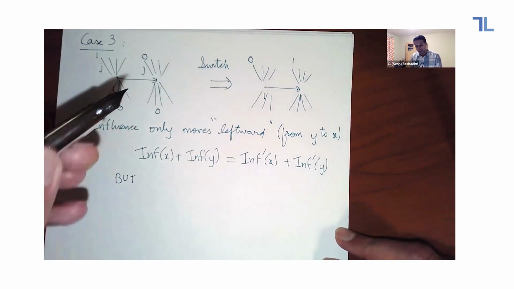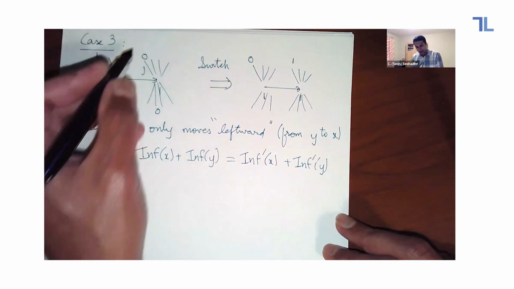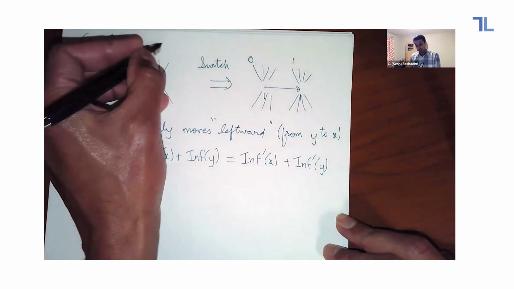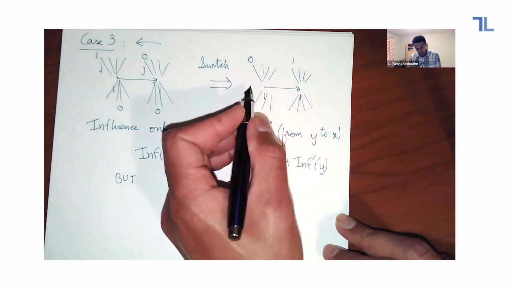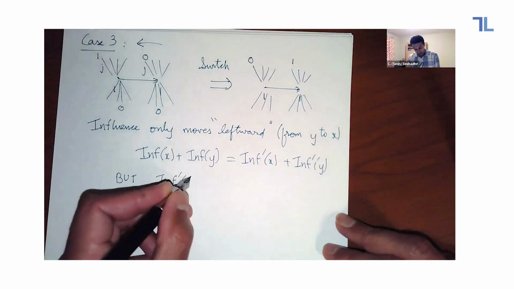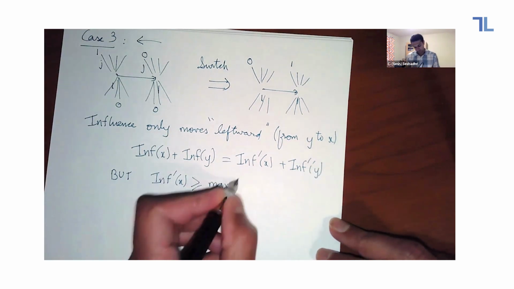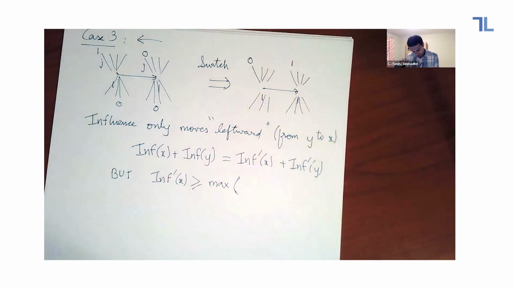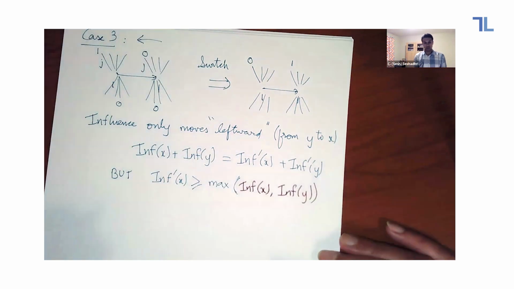what we can see is that any influence will only move, the zero will only move from the y part to the x part. The zeros only move this way. So because the zeros only move this way, we can argue that the inf prime of x is going to be greater than or equal to the maximum of the influence of x and the influence of y.